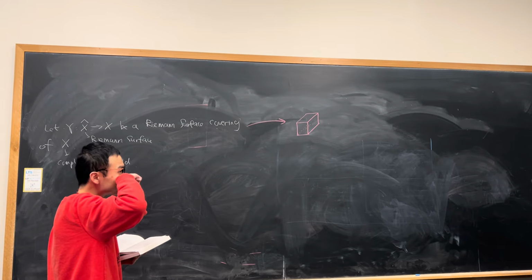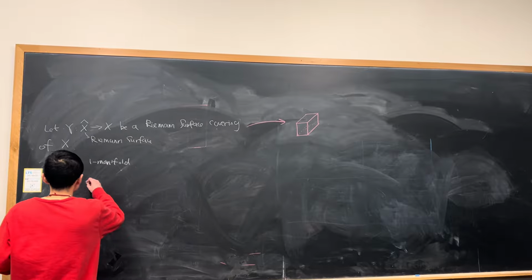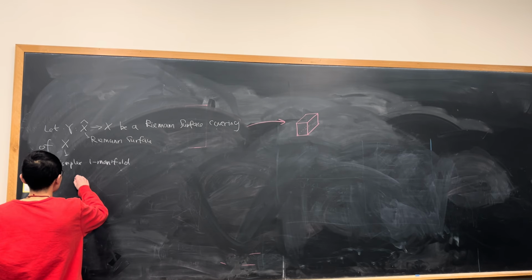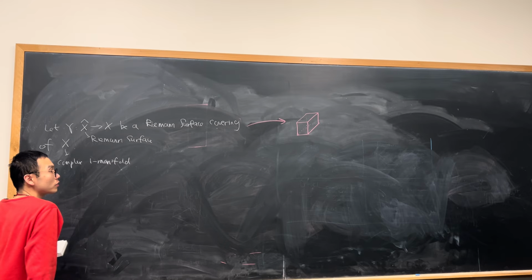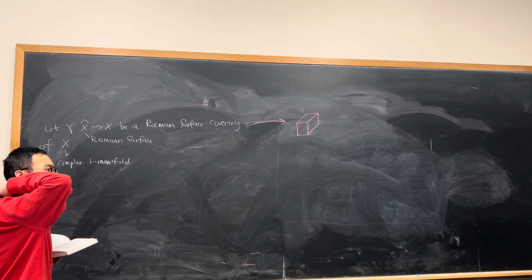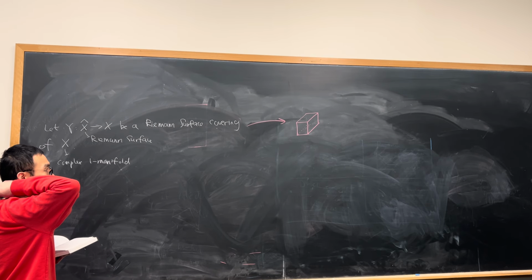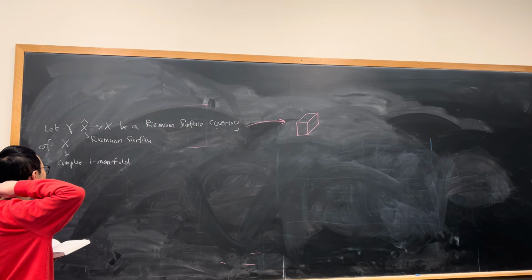And then we also have that this phi is a homomorphism, right? Such that gamma composed with phi is equal to gamma.